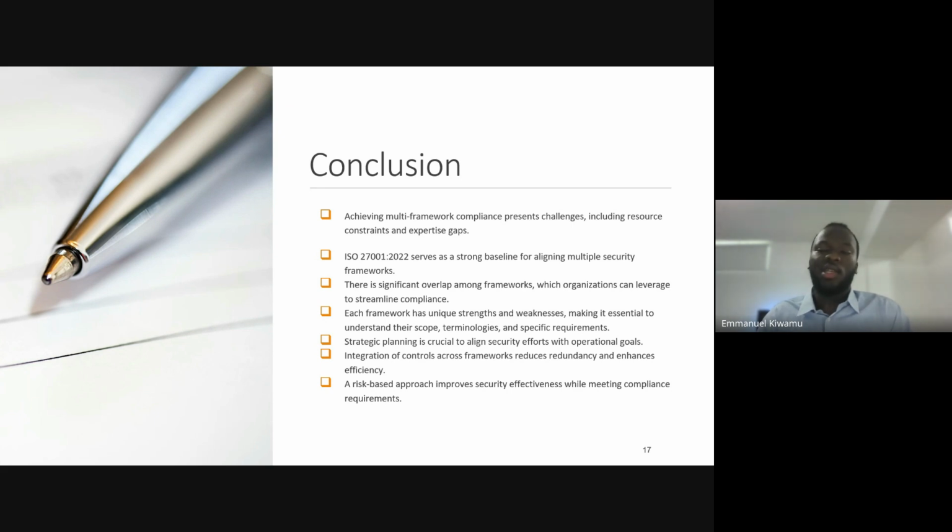So for organizations and SMEs looking to achieve multi-compliance, you can use ISO 27001 and the standards we chose, like Damilola mentioned, as a result of the project we're currently working on. Using the recommendations we have identified will help organizations achieve multi-standard compliance.